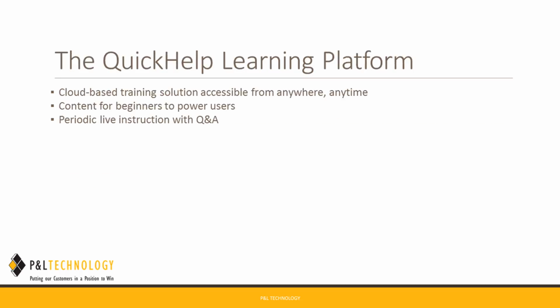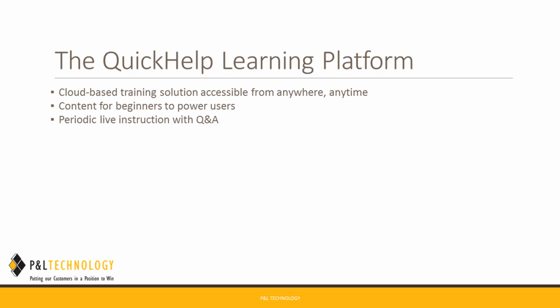So the Quickhelp Learning Platform, what is it? At its core, it's a cloud-based training solution that's accessible from anywhere, anytime, as long as you have an internet connection. And it has content for users, as we said, who are very beginners, all the way to more advanced power users of the specific software.